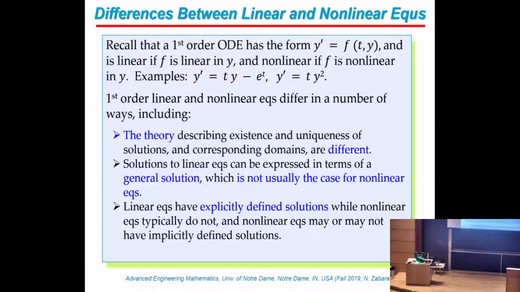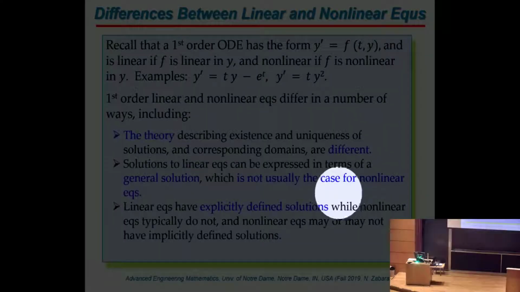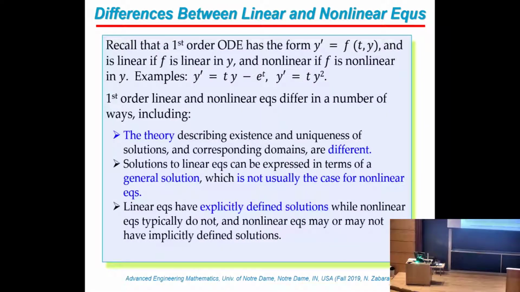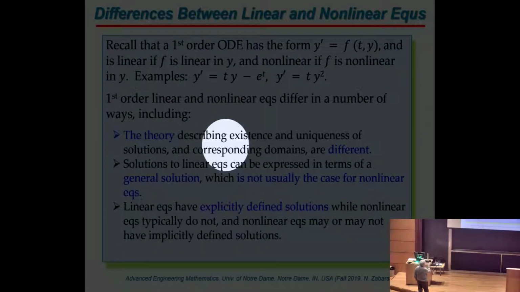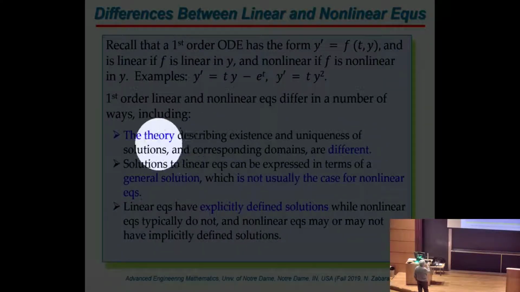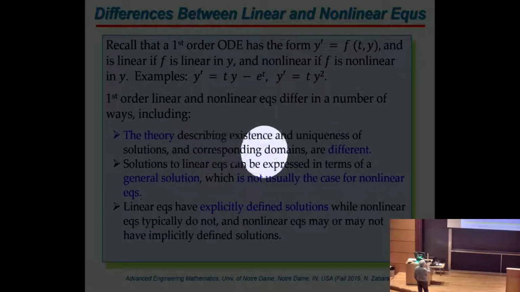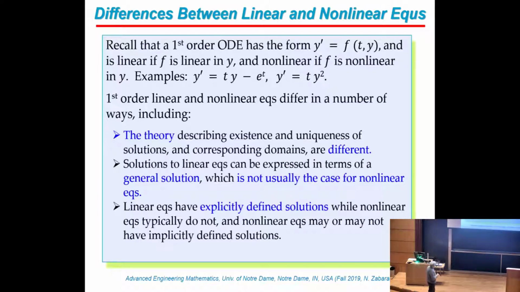So the bottom line is that in linear equations, you can always find explicit solutions. That is not the case for nonlinear problems. There is no guarantee that you can find explicit solutions. So again, a summary of the three things, which I'm going to try to demonstrate mainly with examples. I'm not going to discuss the theory to any extent yet, but the theory of existence and uniqueness is very different.